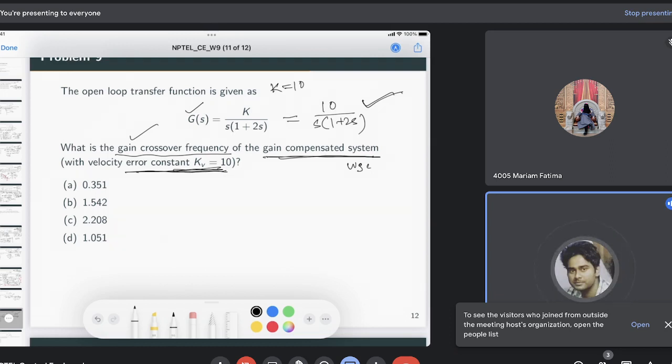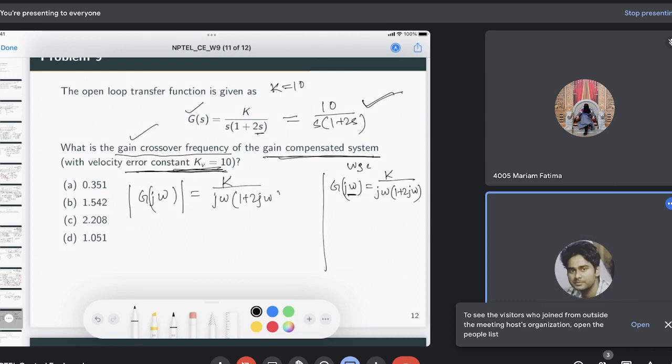So we can write G(j omega) as k by j omega times (1 plus 2 j omega), just substituting j omega instead of s. Okay, so the magnitude of this will be k by j omega times (1 plus 2 j omega), the magnitude.